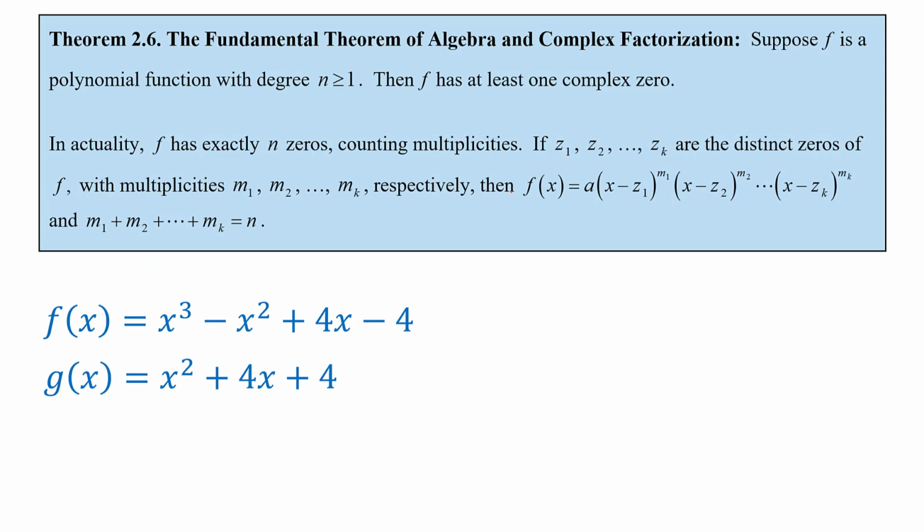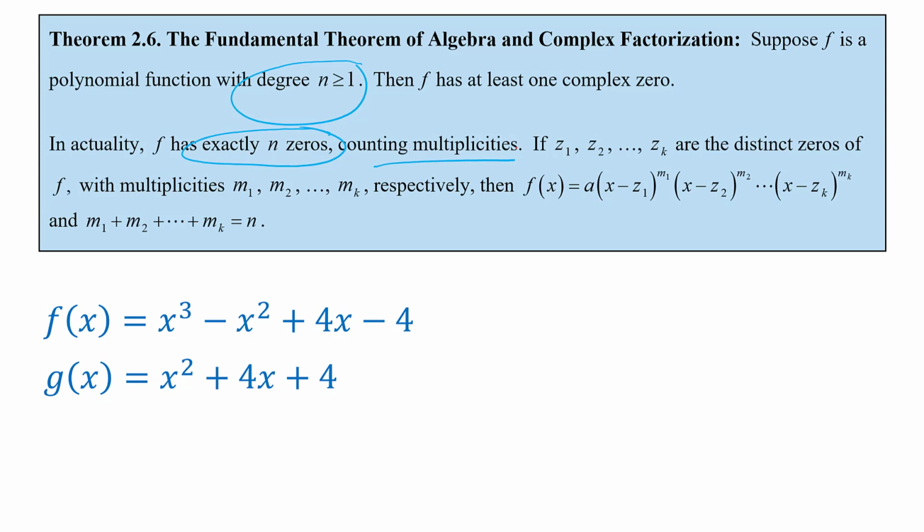The fundamental theorem of algebra and complex factorization tells us that for a polynomial function f with degree n, where n is greater than or equal to 1, f has at least one complex zero. In fact, f has exactly n zeros if we count multiplicities. So some examples here.